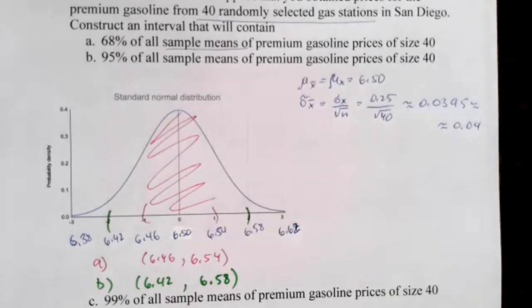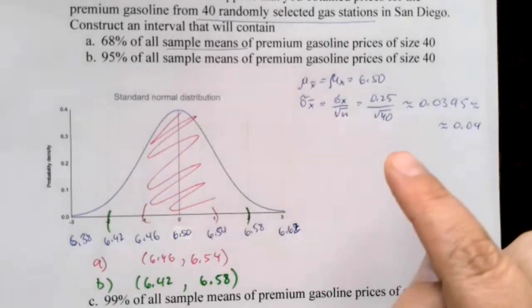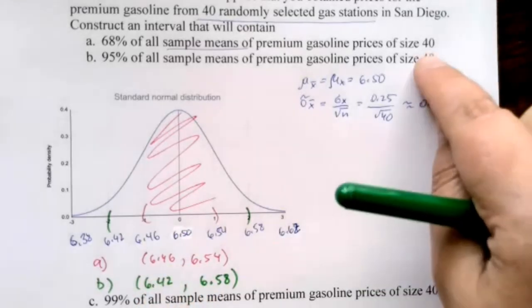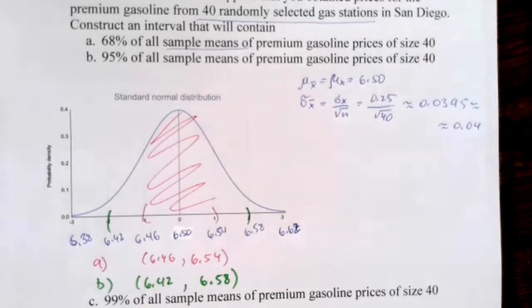And what I want you to realize is that if a sample mean is close to the true population mean, what that also means is that the population mean is also closer to the sample mean, okay? And that's the transition. This is what we're going to use to estimate population parameters.